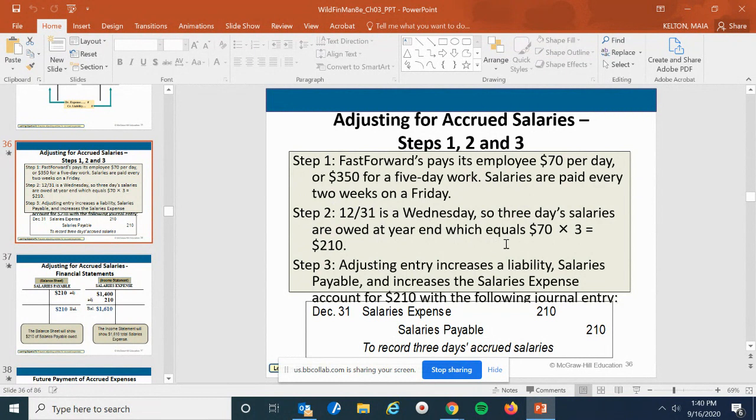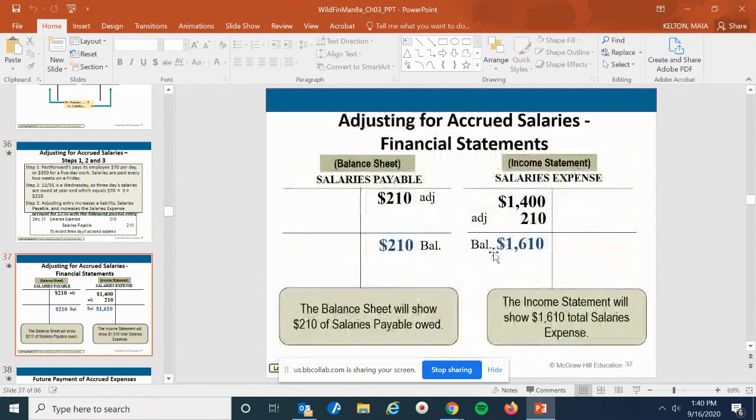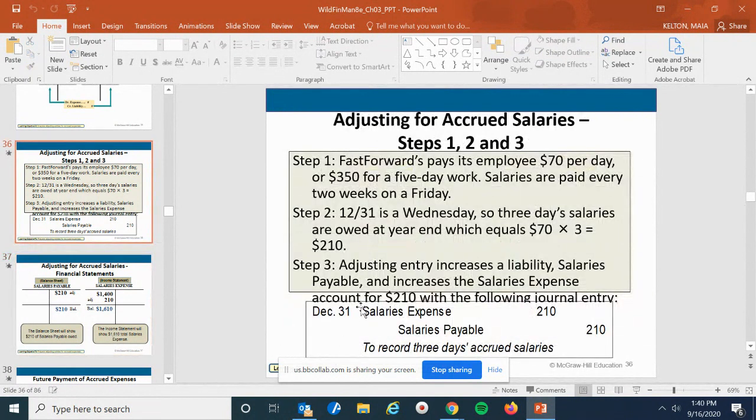They would not pay their employees for the 3 days the employees have worked in that year. We have to accrue for salaries. We have to state that the employees have worked, therefore salaries expense exists, and the company owes their employees salaries.